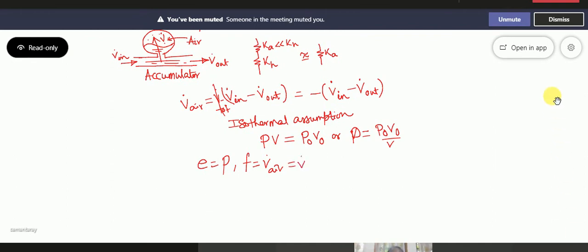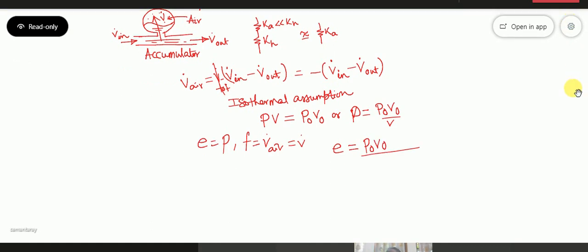Then we have a relation of effort with some constant P naught V naught divided by the integration of F dt. So this integral of F dt has appeared in the denominator. So what kind of relation do we have? We cannot write E is K integral F dt. This relation is for linear.